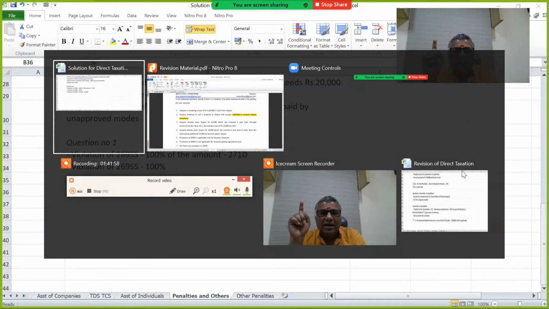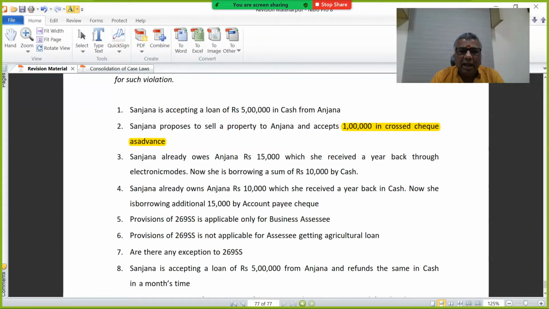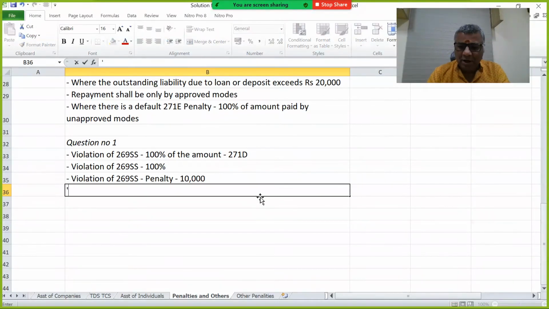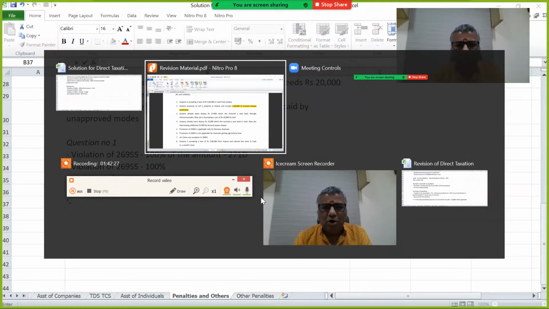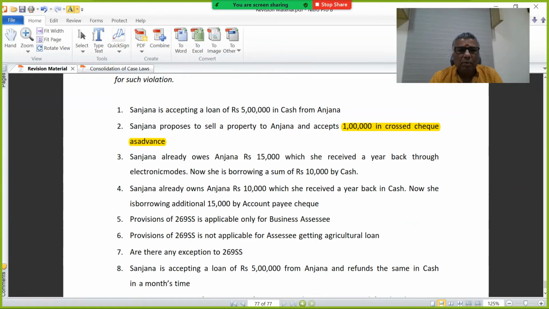If you are getting another 10,000, there is a penalty. Next, Sanjana already owes Anjana 10,000, which she received a year back in cash. Now she is borrowing 15,000 by account payee cheque. No problem. No violation of 269SS, so no penalty. When you are getting it by approved modes, not a problem.